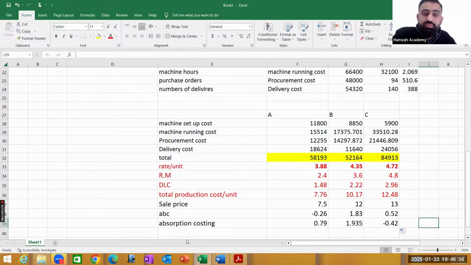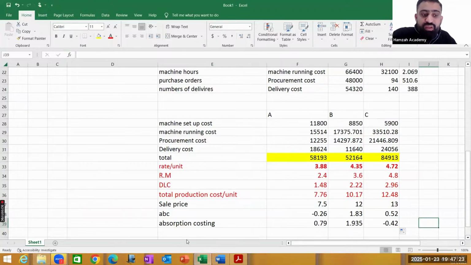But when we allocate the overhead in a more logical, or more appropriate way, you can see product A has now become loss-making. So that is the impact on the profitability of the product of using ABC.